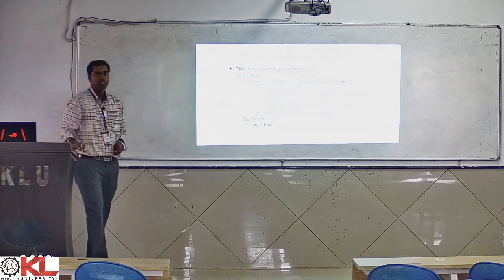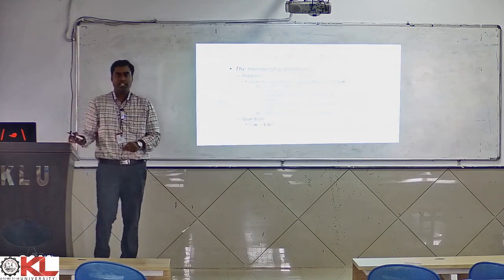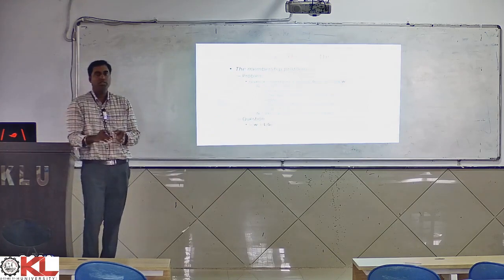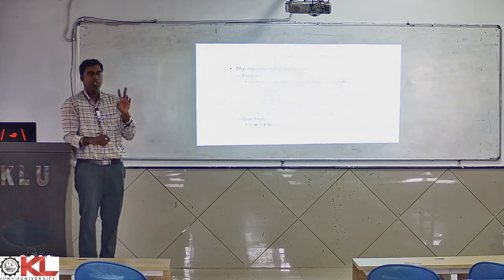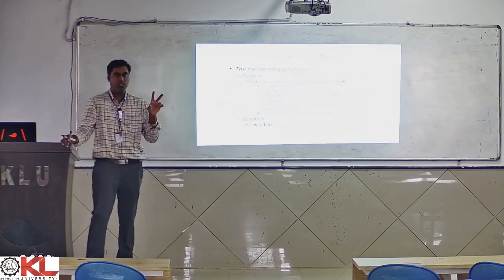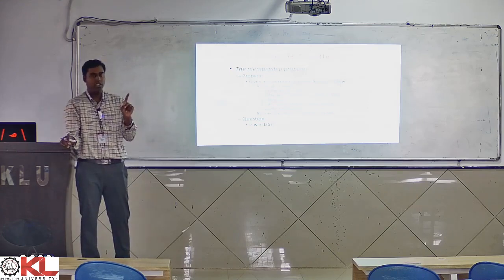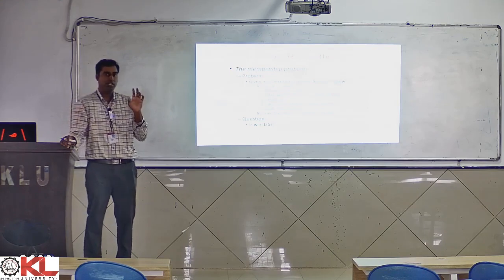So what is the concept of the CYK algorithm? Once again I repeat. First it will check whether the given grammar is in Chomsky normal form. What is Chomsky normal form? The major condition is that the right hand side of the rule will contain a maximum of two non-terminal words, or otherwise it contains a single terminal word.